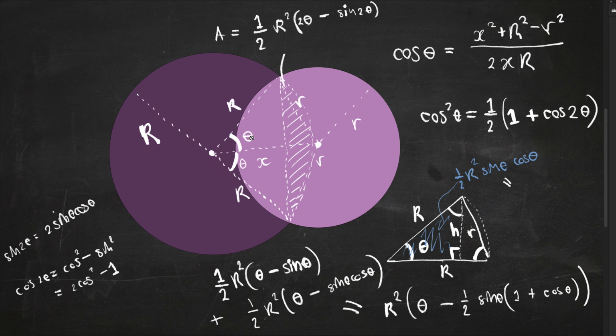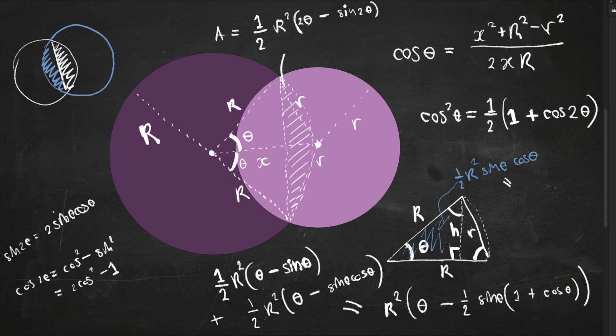And we're trying to find this lens, and you can think of it as the addition of two segments. A segment being this kind of funny shape there. When you have a lens, ultimately you have two segments, because if you had another circle like this, then you would have the addition of two segments. So if you can add up the two segments, then you have the area of the lens.